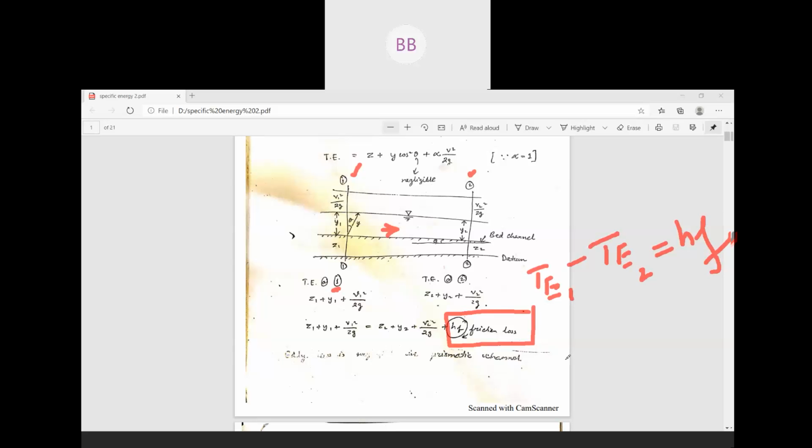In Bernoulli's equation we consider this head loss due to friction is negligible. That is your assumption. That is why we write z1 plus y1 plus v1 square by 2g is equal to z2 plus y2 plus v2 square by 2g.